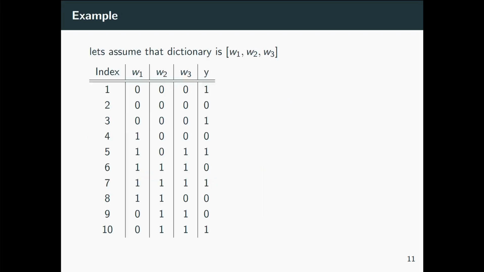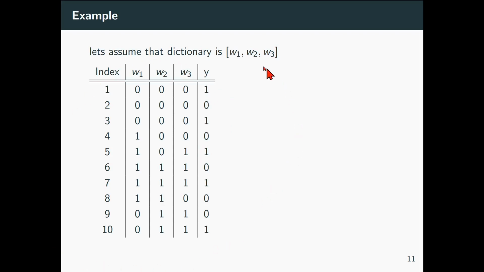Let's work out one full example to understand even better. Let's consider this example in which the size of the vector we were talking about is only 3. So you have only 3 words, let's say a, and, the, and you also have these labels y equal to 1 or 0 indicating spam or not spam.